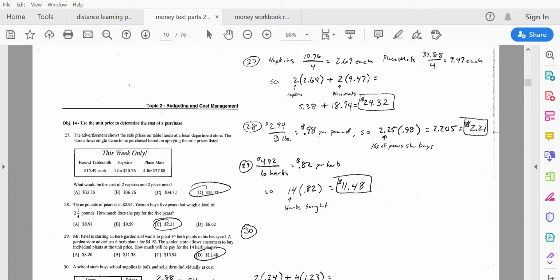You don't have to just buy in terms of 6, so you don't have to buy 6 or 12 or 18. We're going to find the unit price first. We pay $4.92 for 6. Divide, we get 82 cents. Then we are buying 14 of those. So we take 14 times 82 cents and we get our answer, $11.48.